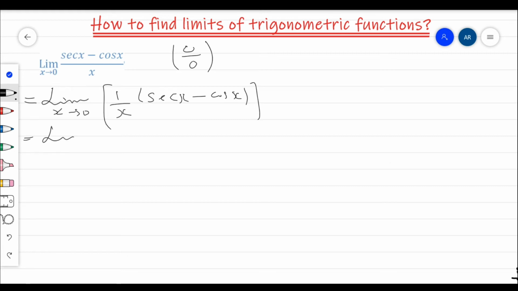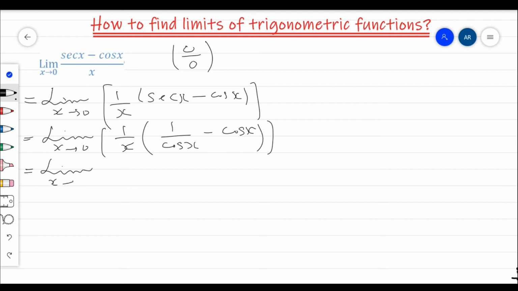Now, limit x approaches 0, 1 by x times secant. What is secant? Secant is the reciprocal of cos of x, minus cos of x. Now, limit x approaches 0, 1 by x.